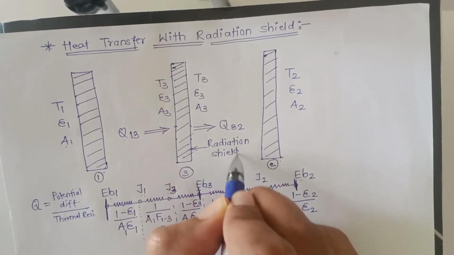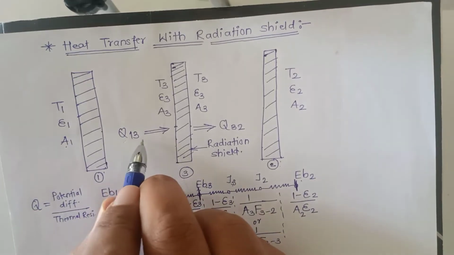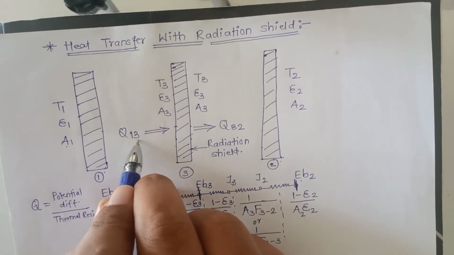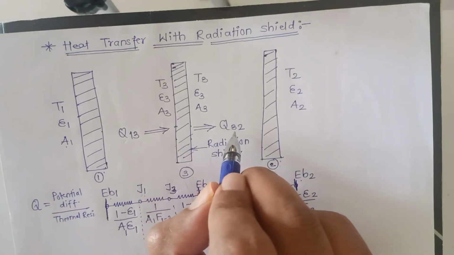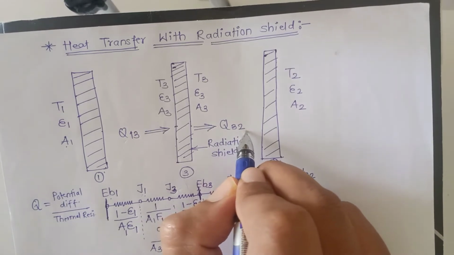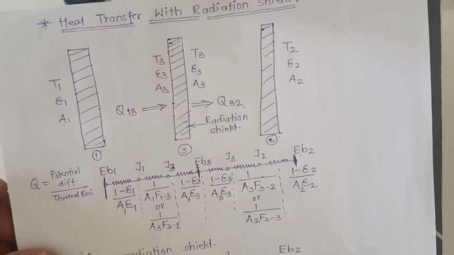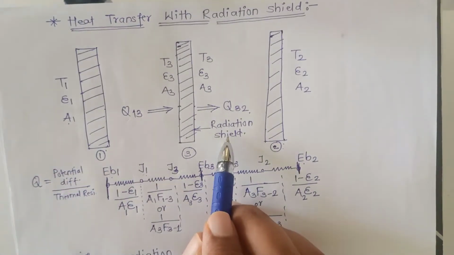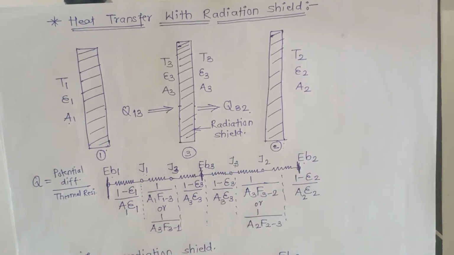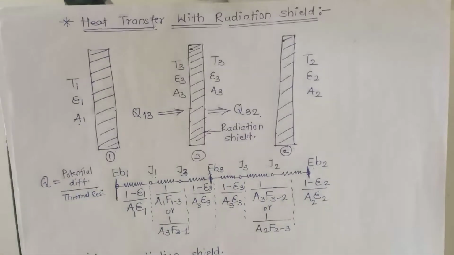So because of that, Q1 to 3 is equal to heat transfer between 3 and 2, and then we will see how to write it. So please keep this in mind that radiation shield does not add or remove any energy from the system. So now let us move to the next step.